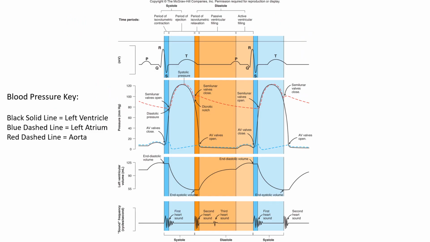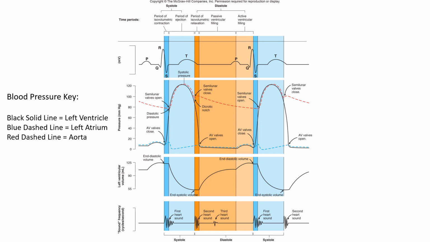Again, this graph varies depending on the textbook that you look at. At the top you have the electrical trace, the P, Q, R, S, and T waves. Remember, the P is atrial depolarization and atrial contraction quickly follows that.